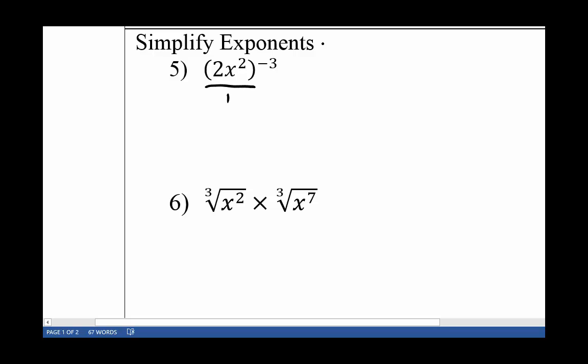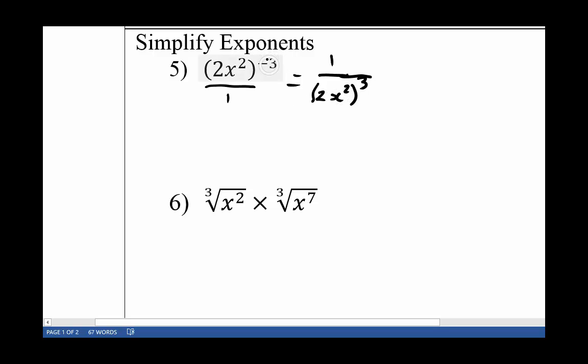That's going to help us. Okay, so this will equal 1 over, and it's important that the whole thing is to the power of 3, so everything under here will be in brackets. 2x squared, and now I can change it to a positive. It's all over that. Positive 3, and so that's what allows me to do it.